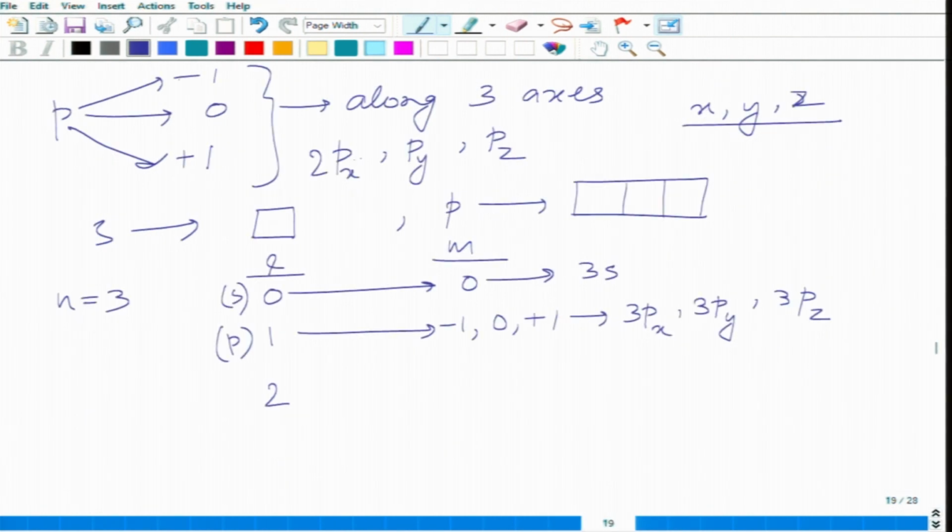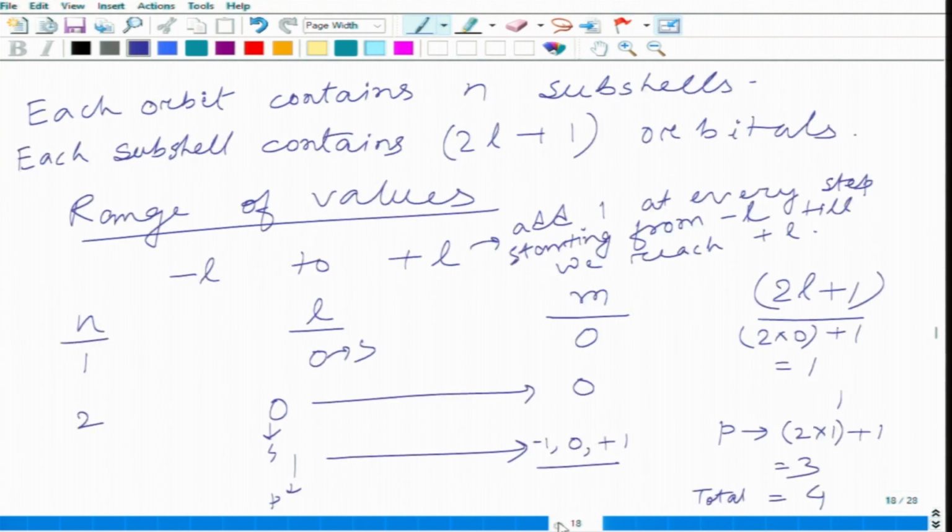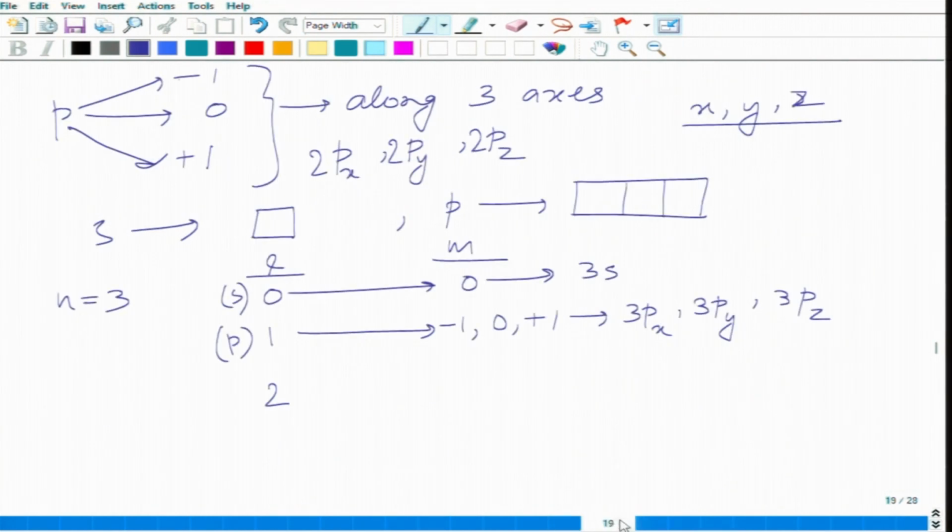So here we will write 2px, 2py and 2pz. And here we will write 2s. This is 2s. And for this one, n equal to 1, we will write 1s.